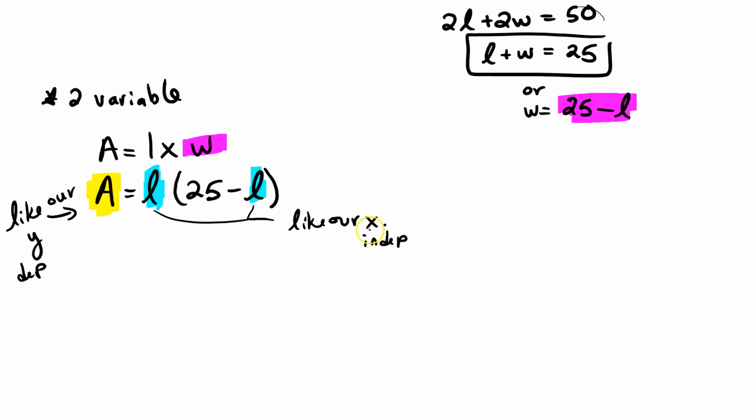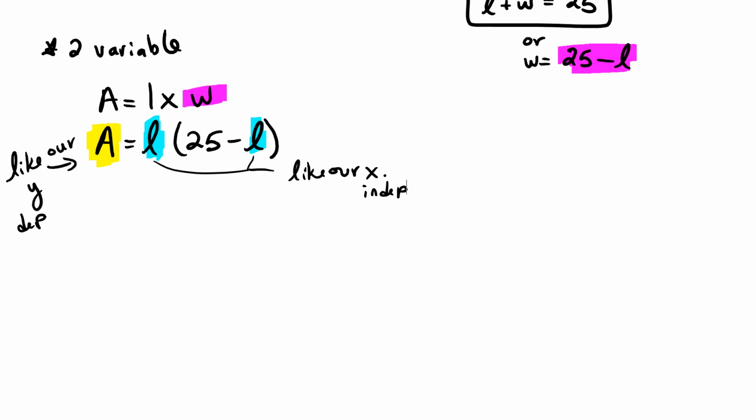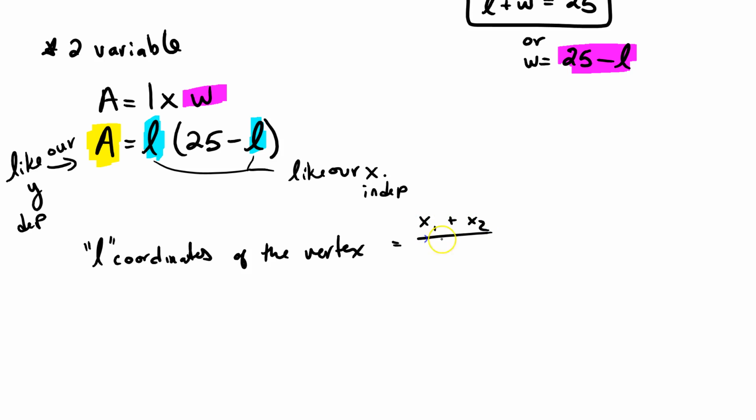So when we want to find out what the axis of symmetry for this is, I'm going to use what we know to find the x-coordinates of the vertex, or in this case, the L-coordinates of the vertex. We're going to say it's usually x1 plus x2 over 2, but we don't have x's.